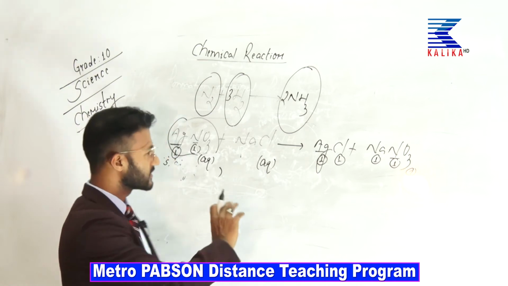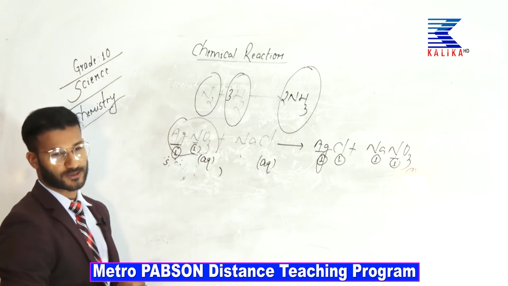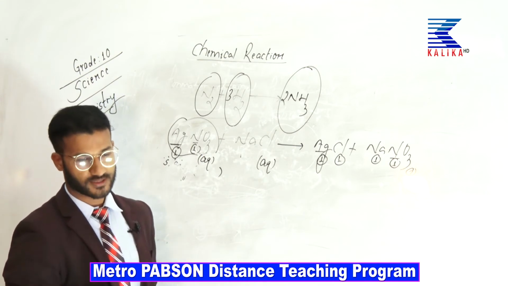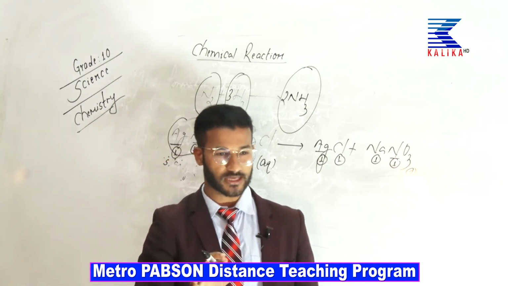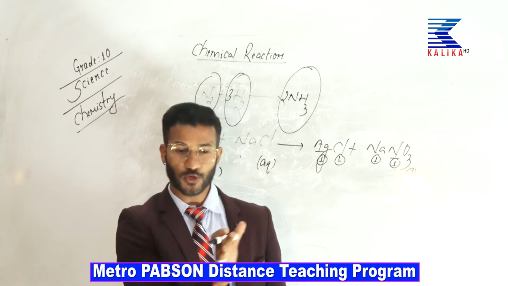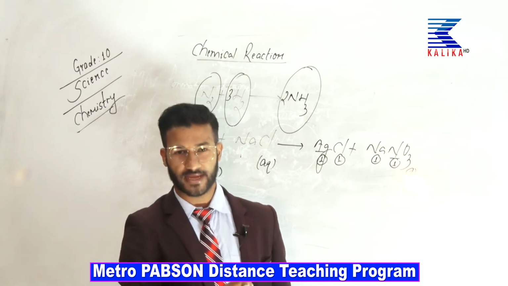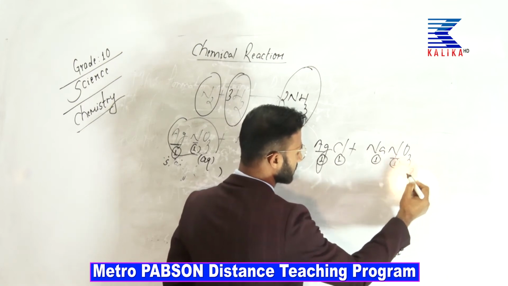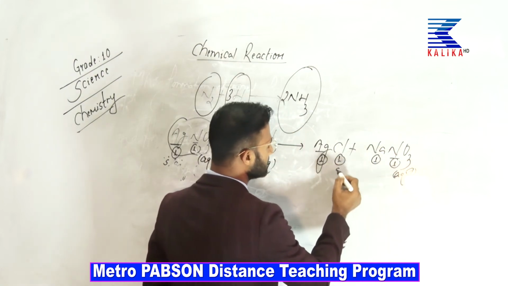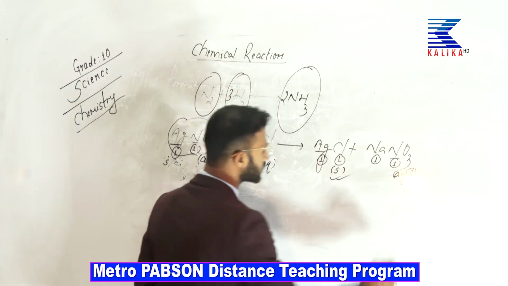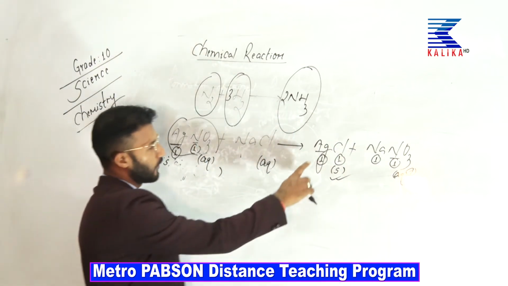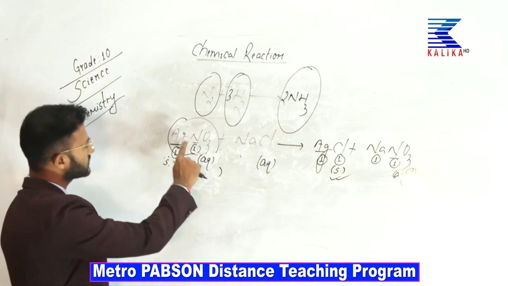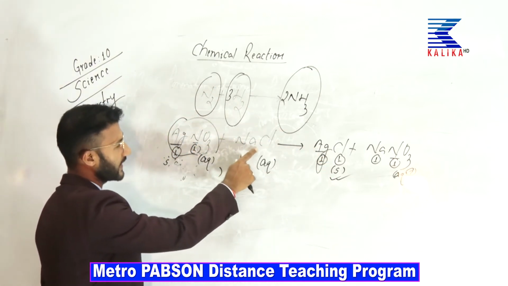So this is the problem with balanced chemical equation. It does not state the physical form of them. So sometimes we cannot make reaction occur just looking at balanced chemical reaction. Look at this. This also in aqueous form, but this is formed in solid state. White precipitate of silver chloride is formed when silver nitrate and sodium chloride react together.